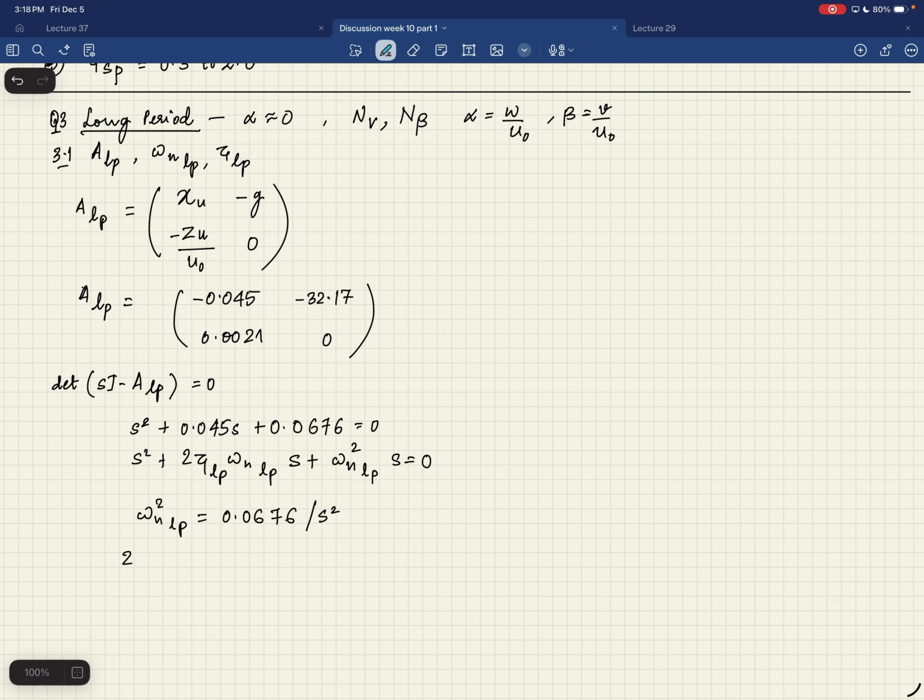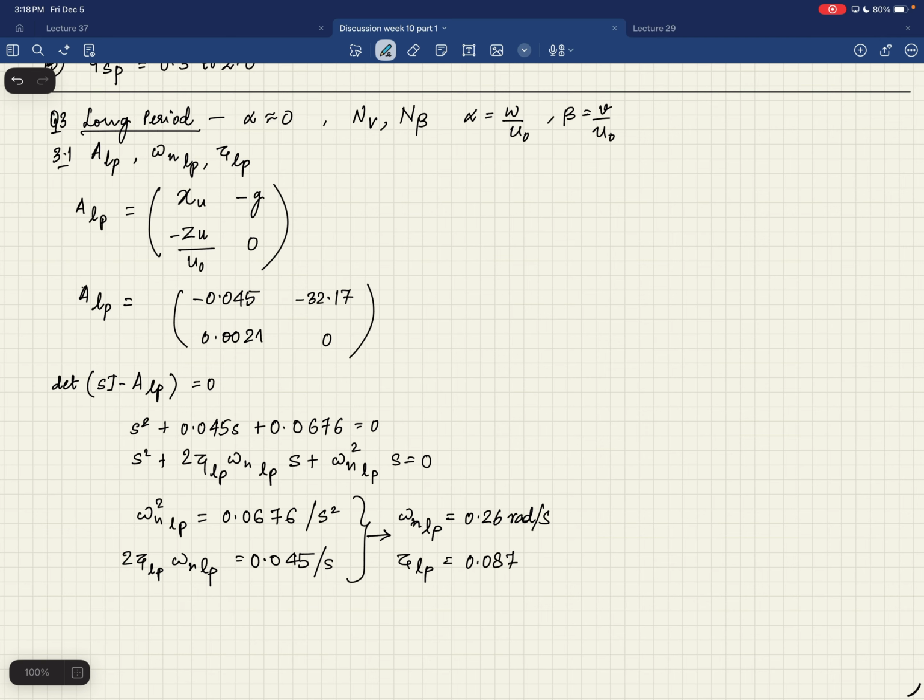And then you have 2 zeta long period, omega n long period equals 0.045 per second. If you solve them, you get omega natural as 0.26 radians per second, and zeta long period as roughly 0.087.